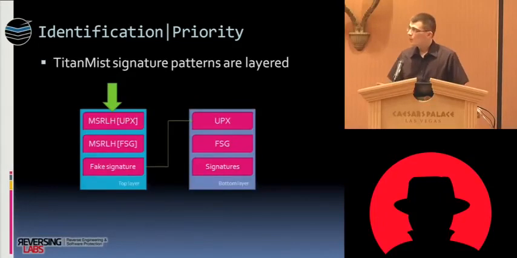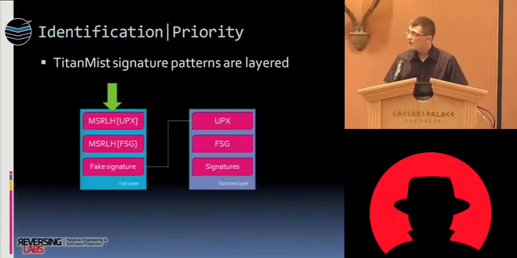So we said, why not check for these byte patterns first at the top layer, and if we are sure that these signatures are not faked, then we can check for the regular UPX and be sure that the match we got isn't a fake one. So you can layer out the signatures in our database by priority, and as I said earlier, that's the thing we're going to talk about.